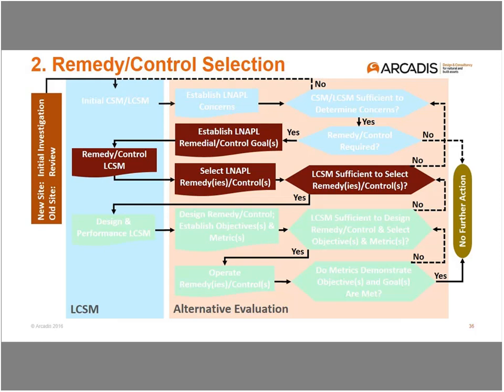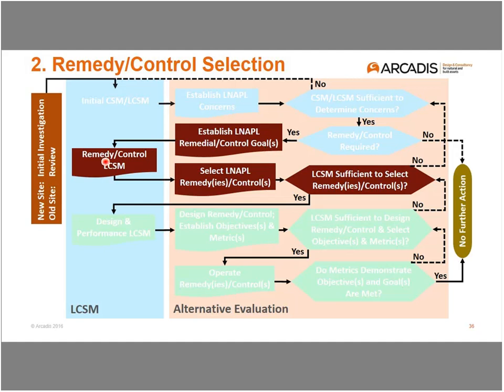So then once we've figured out what our concerns are, we decide what we need to do to mitigate those concerns. So what we want to do is establish goals for the site. What goals do we need to accomplish to mitigate the concerns and risks at the site?